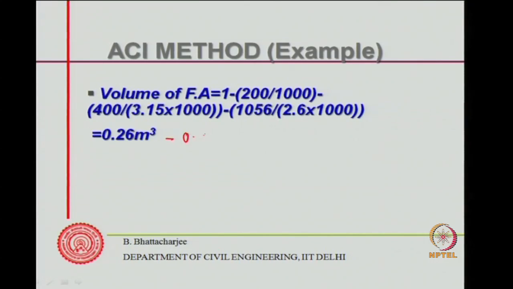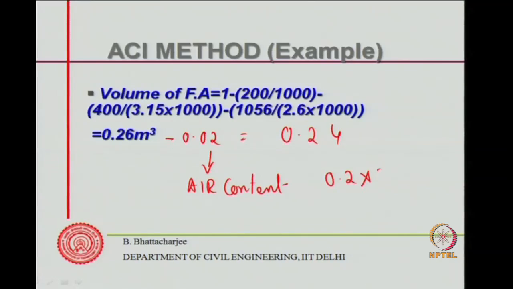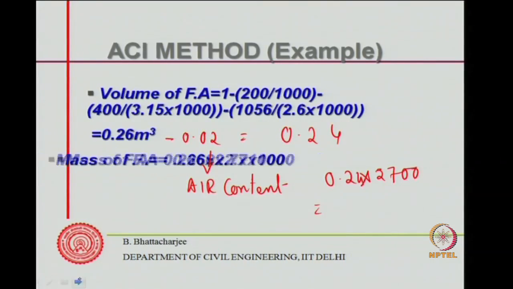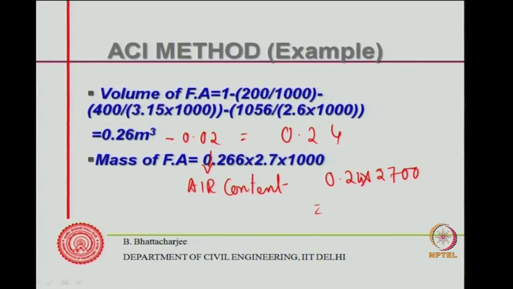This minus 0.02 also should be there because of the air content, and this will be 0.24. So, 0.24 is the volume, and 0.24 multiplied by 2700 will give you the fine aggregate content. This is 2.24 because 2% air content has to be subtracted.